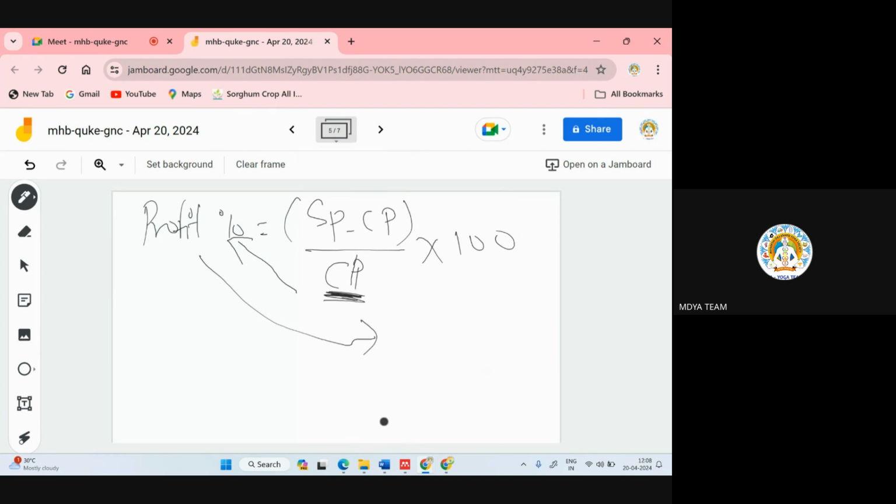For example, we know this selling price minus cost price, we can also write profit here. Is it clear? Yes, sir. Again, just to make it simpler, profit percentage equals selling price minus cost price upon cost price into 100.